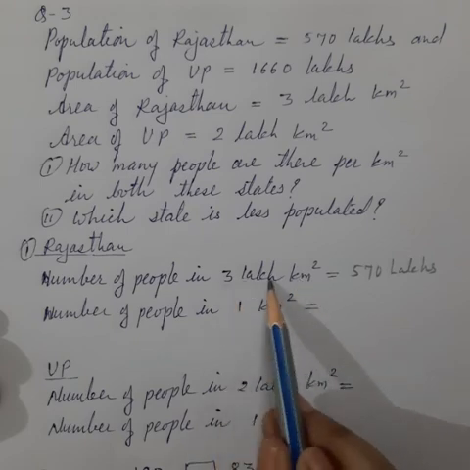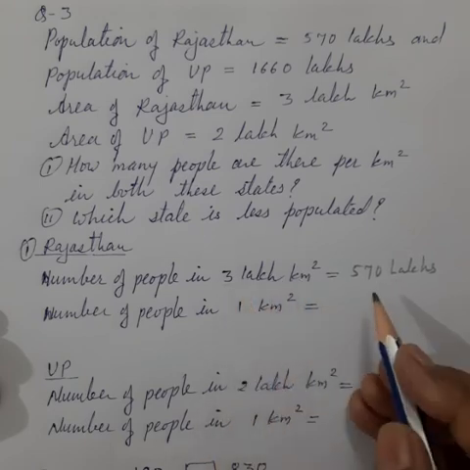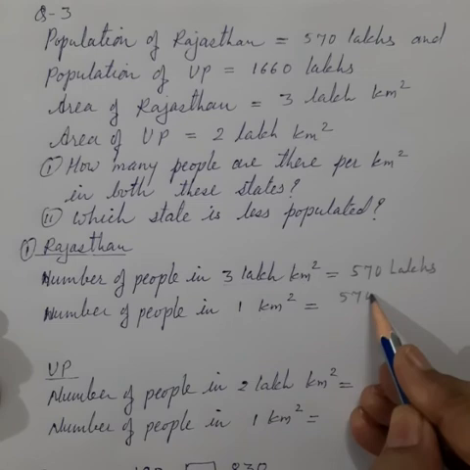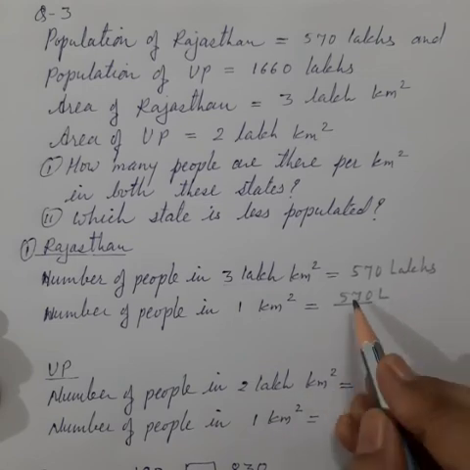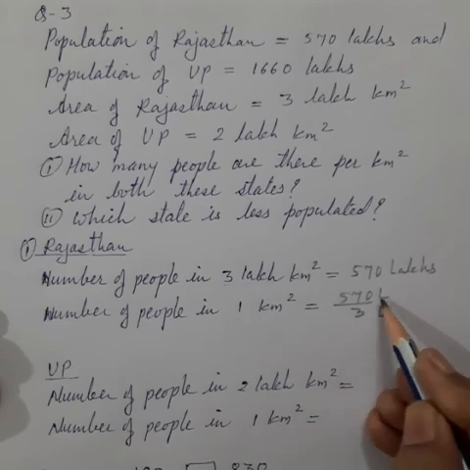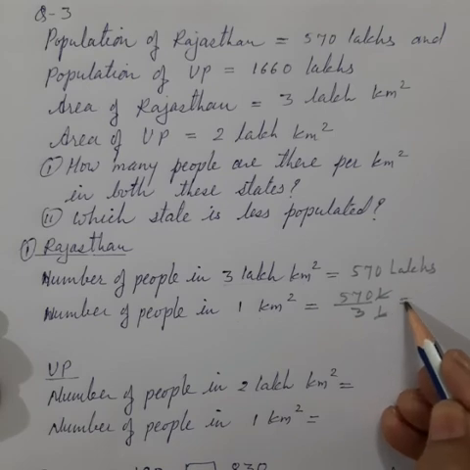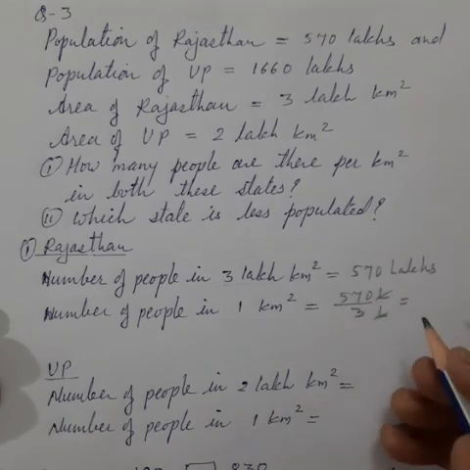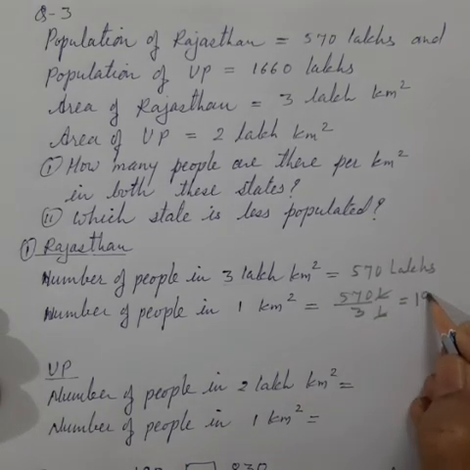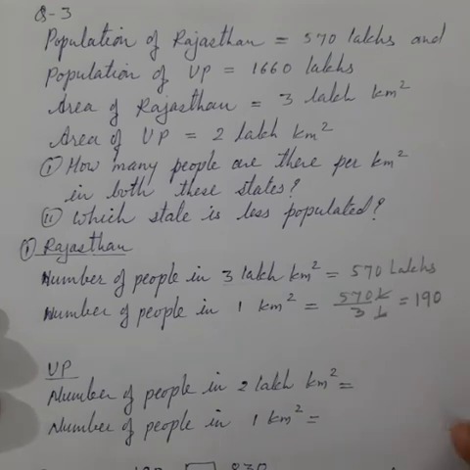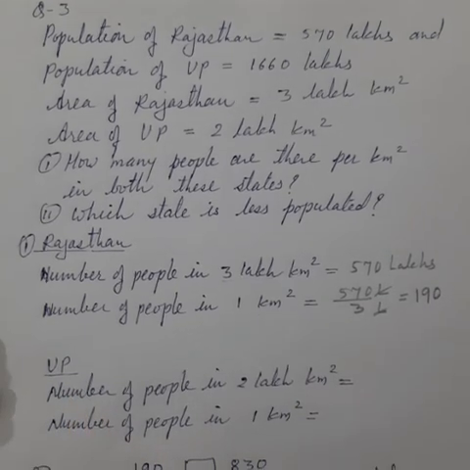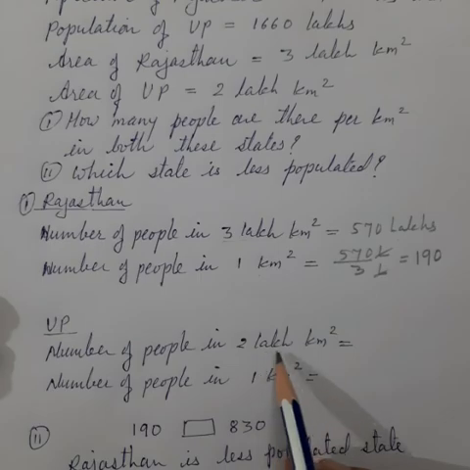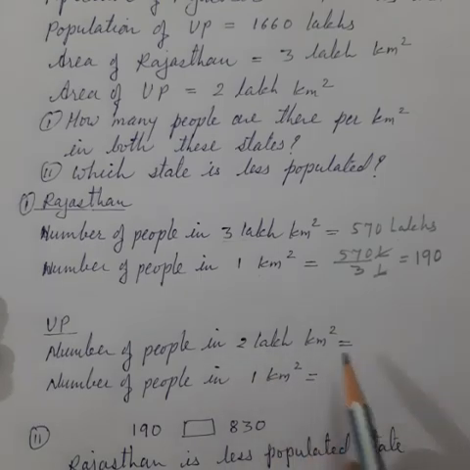So divide here by 3 lakh. So 570 lakhs divided by 3 lakhs. Units will cut and divide 570 by 3. We will get 190.